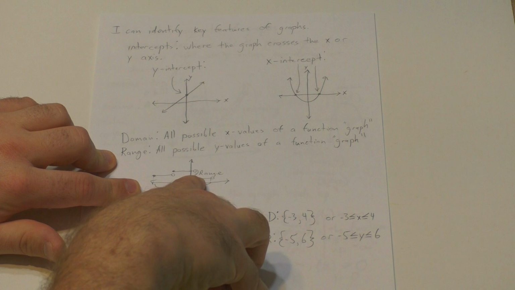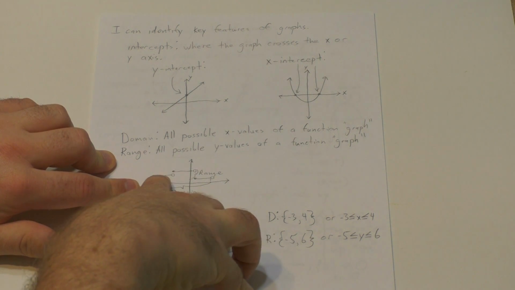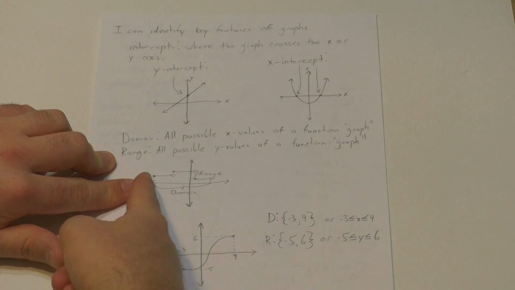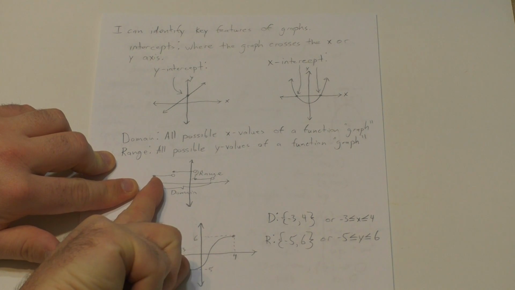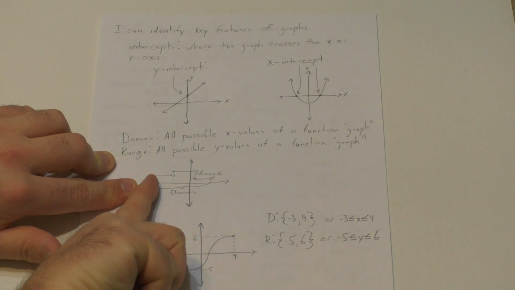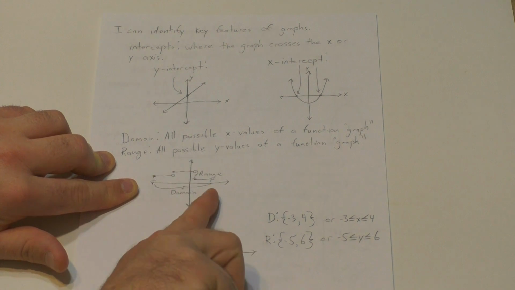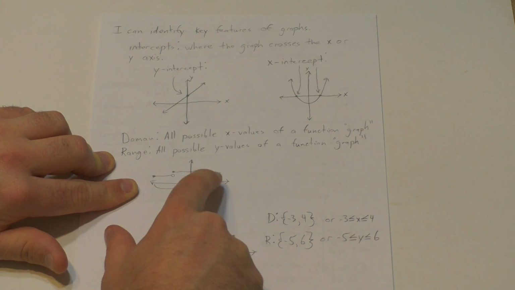So if I have this step function right here, this piecewise function, let's go left to right. It starts right here on the x-axis, and it ends up right there, okay? It does this little step thing, but we're not too worried about that. So the domain would be from here to here.